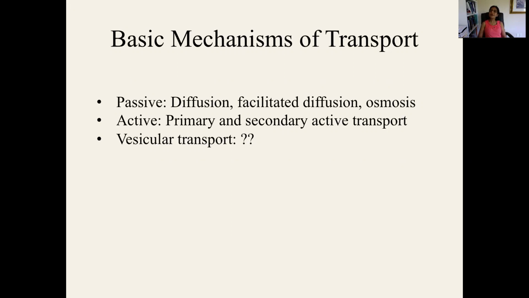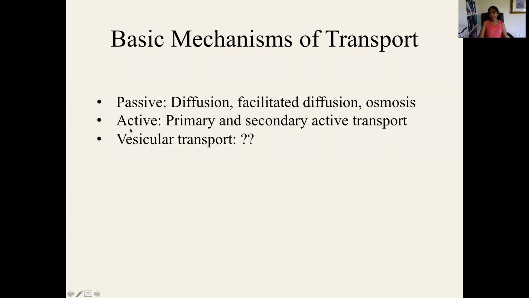If the movement of a substance is from a higher to a lower concentration, where there is a concentration gradient, it's a natural process and you don't need to use ATP. Such transport mechanisms are diffusion, facilitated diffusion, and osmosis.